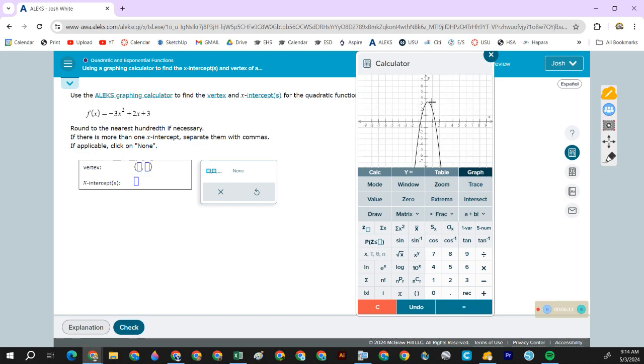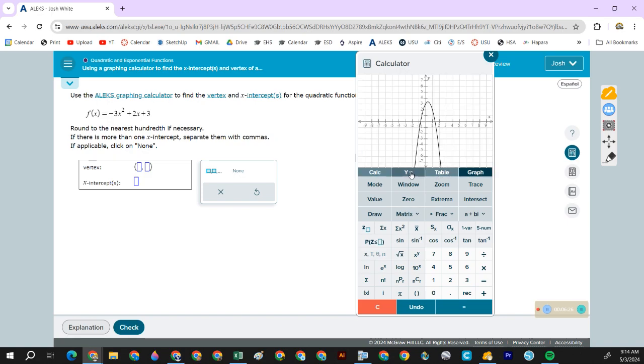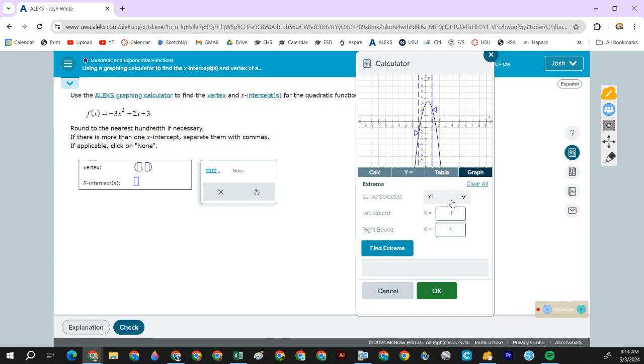So the vertex is right here. And I could guess to see what the numbers are, but I'm going to say calculate. Extrema. Okay. So we want to find the extrema. And extrema means the highest and the lowest value. And I just need to draw these lines so that they capture this value.